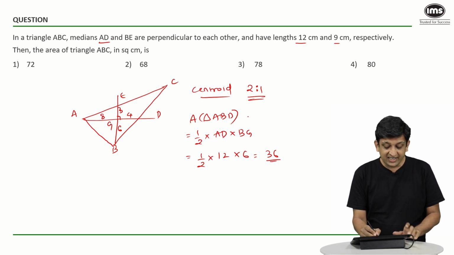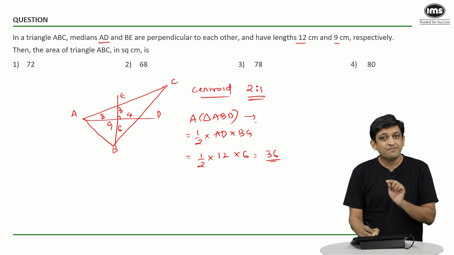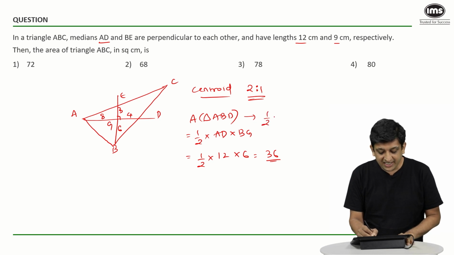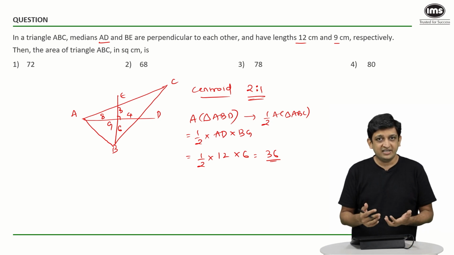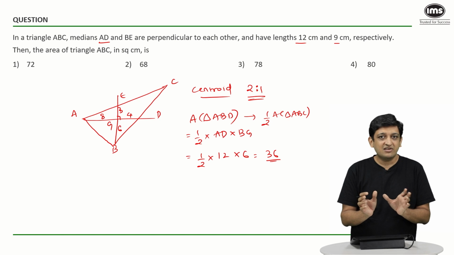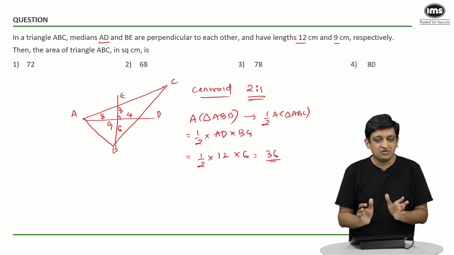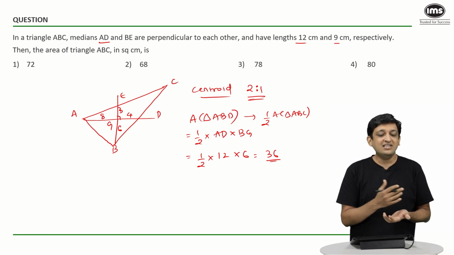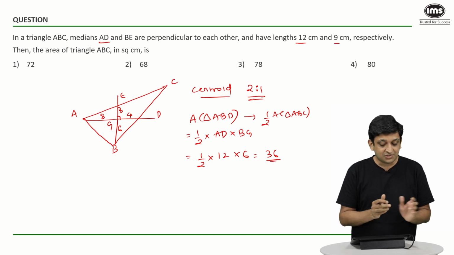We also know that the area of triangle ABD is half the area of triangle ABC, and this is a very important identity. I would not have been required to split the medians into their individual components, but obviously that is something you should know which pertains to medians. That's why I did it.